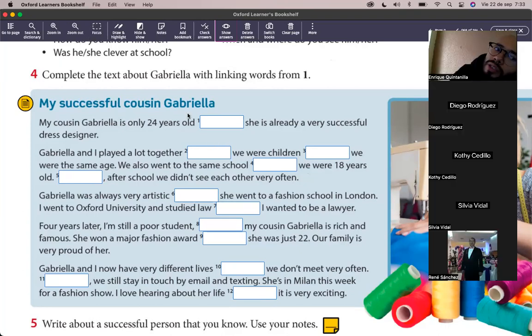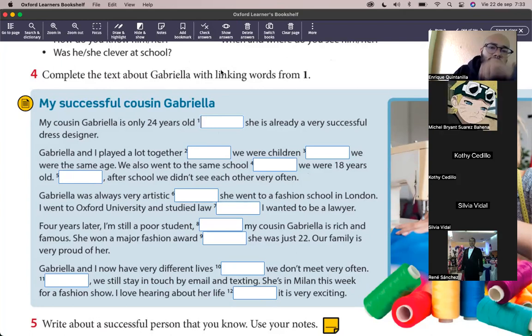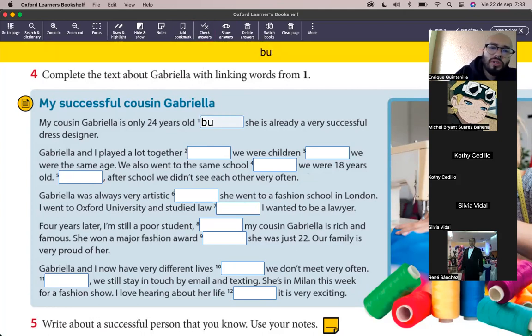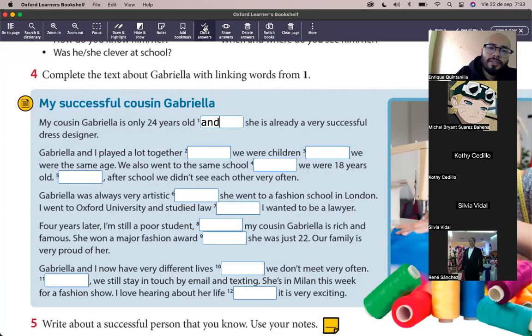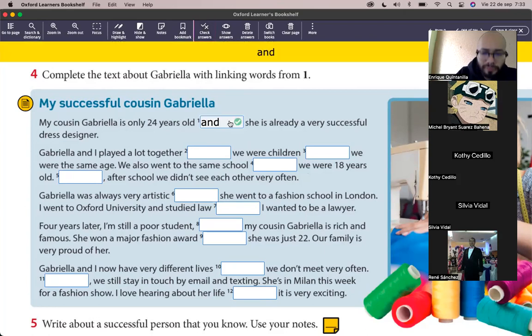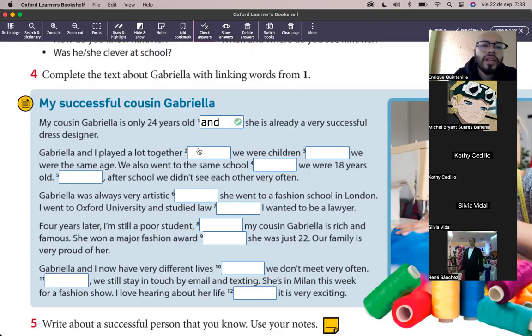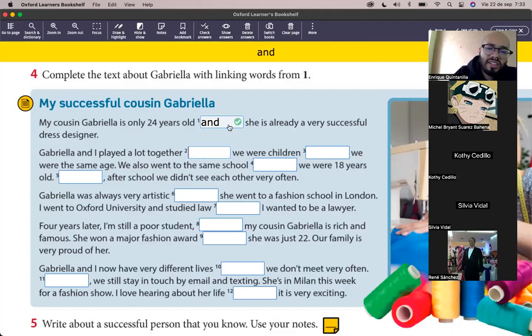All right, guys. So my cousin Gabriela is only 24 years old. And. But what I listen, but is not and. Teacher. So Gabriela and I played together, when?